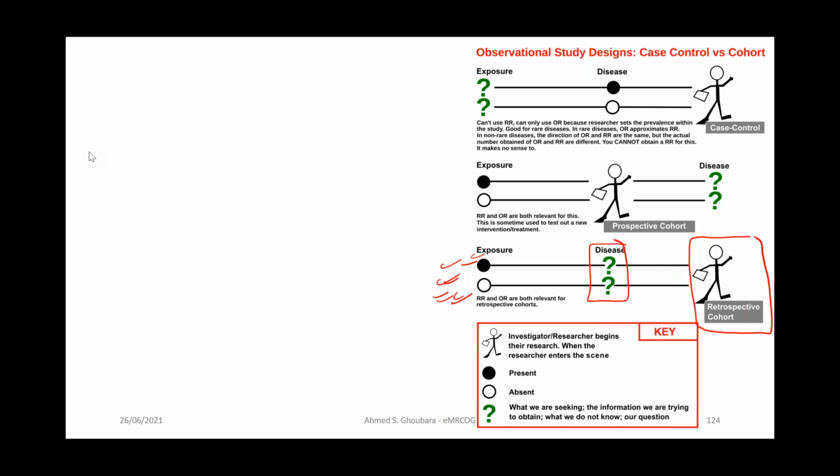Did this patient develop endometrial cancer or breast cancer? No. Another hospital, did this patient develop endometrial cancer? No. And the same for the non-exposed. So you start with the exposure. Again, every time you see the word cohort, you start with the exposure. Every time you see case control, you start with the outcome. Okay?